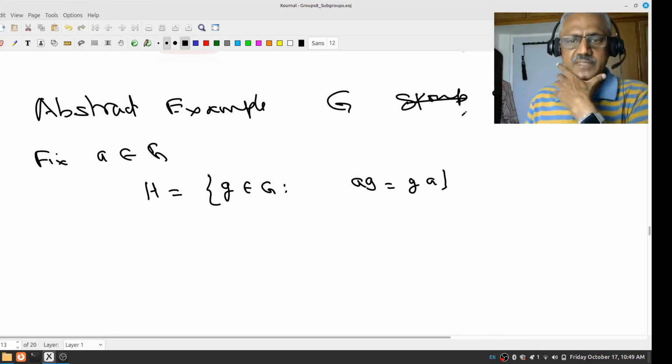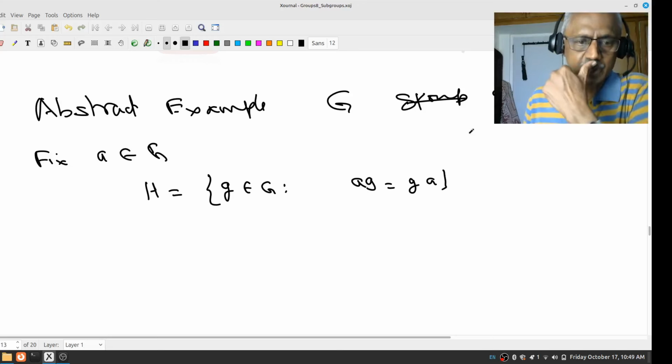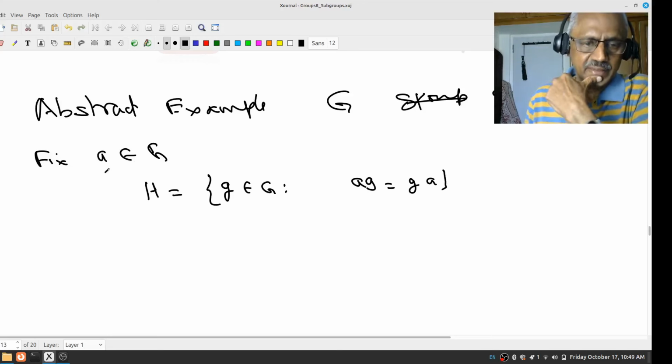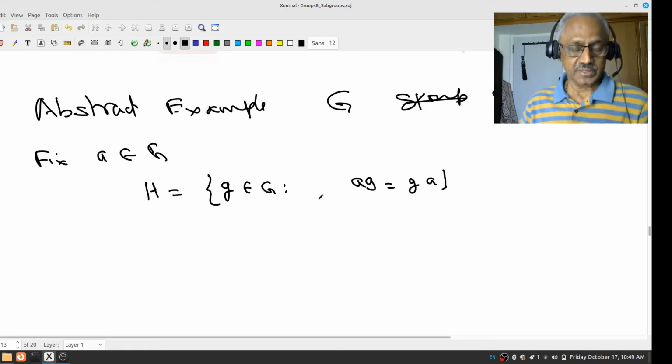Notice that G may not be commutative. So if you give me an element A and an element g, Ag may not be equal to gA. But what I do is look at only those elements which commute with A.